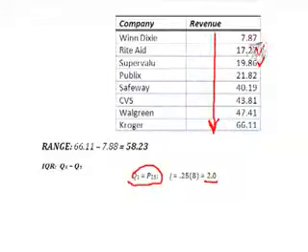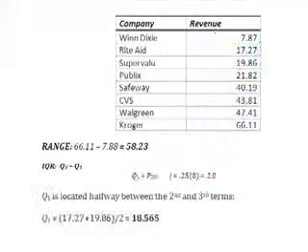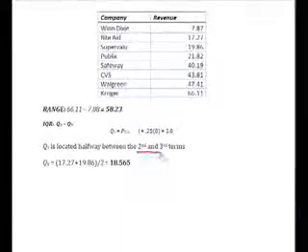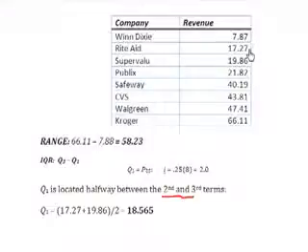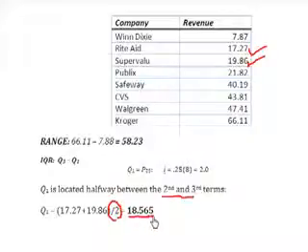So I'm going to take 17.7 plus 19.86 and divide by 2 in order to come up with Q1, which is located halfway between the second and the third term. And that's what this looks like. Taking my 17.27 plus my 19.86, divided by 2, gives me a value of Q1 of 18.565.